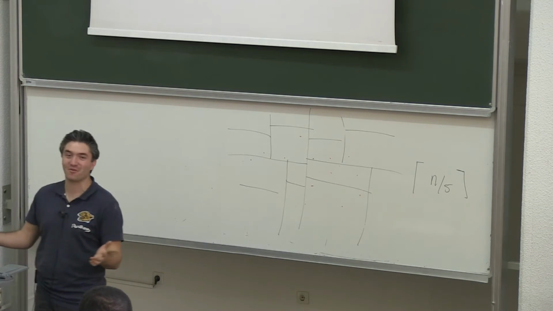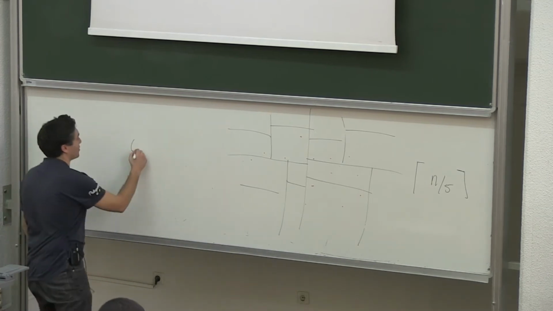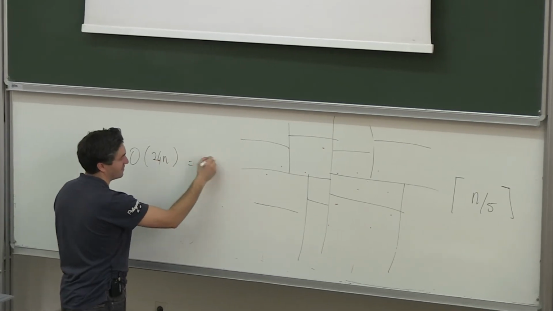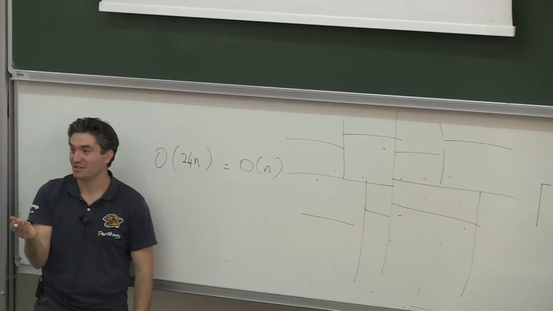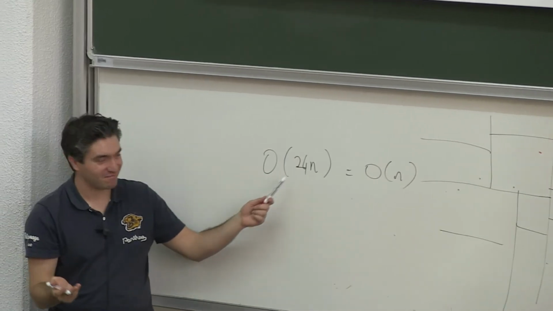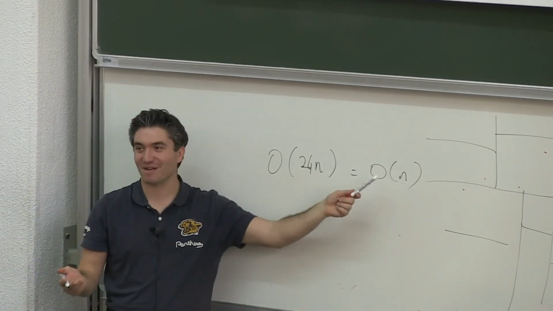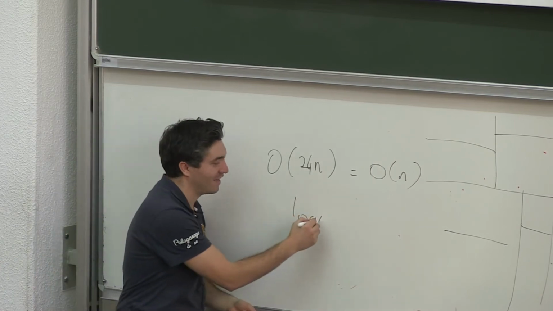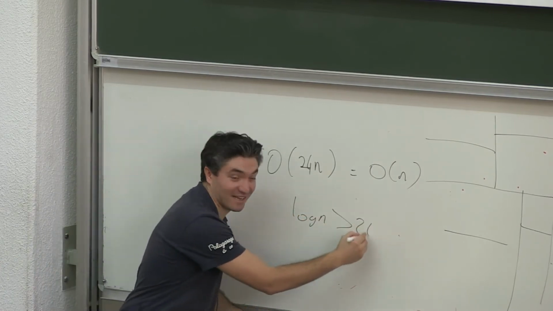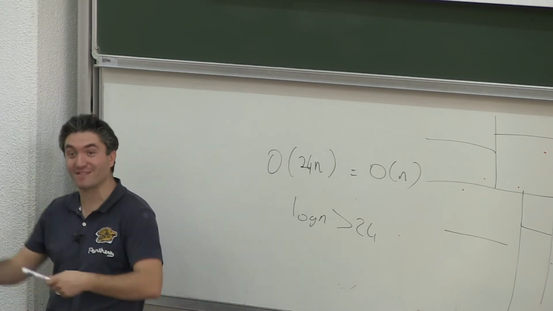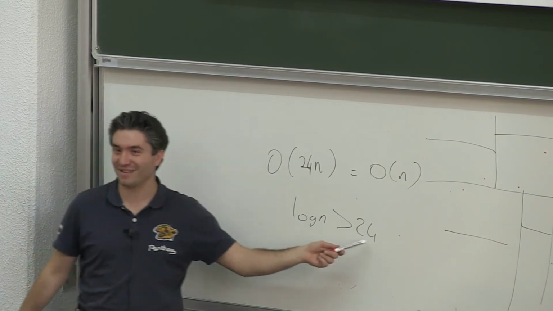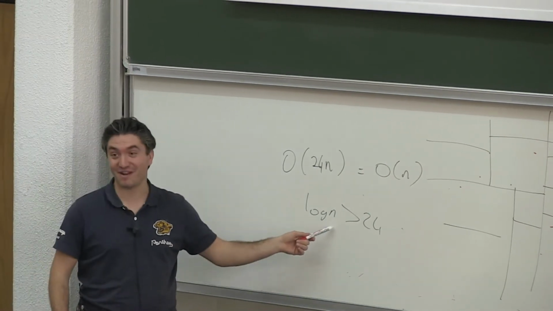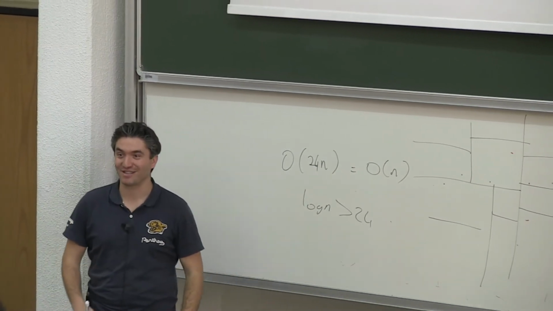O(24n) is O(n) asymptotically, but for this algorithm to work better than n log n, log n should be greater than 24. So n should be very large, so that log n is greater than 24.